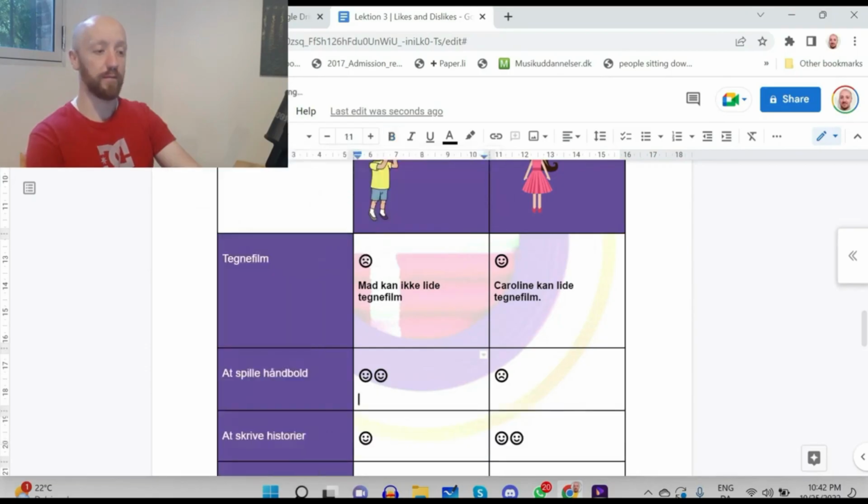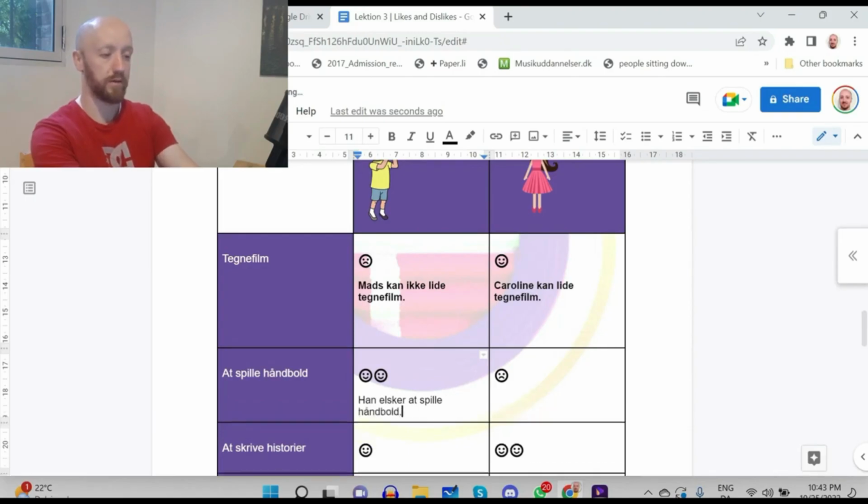I've just realized that I wrote Mad and not Mads. Look out for me making mistakes because I do it all the time, and if you notice, well, bonus points. Here we can say, han elsker at spille håndbold. Sådan. Håndbold. Nice.